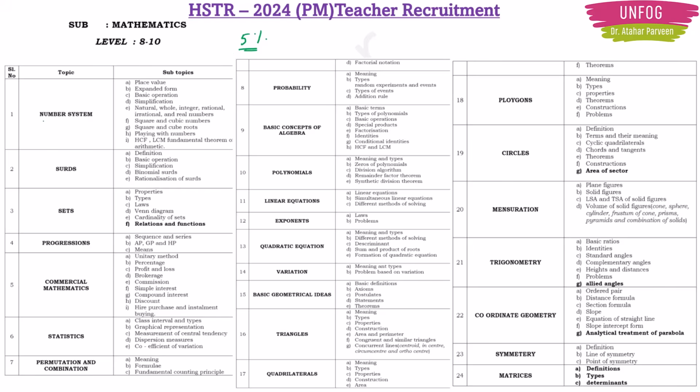So what is there in the syllabus for mathematics? Number system, surds, sets, progressions, commercial mathematics, statistics, permutation and combination, probability, basic concepts of algebra, polynomials, linear equations, exponents, quadratic equation, variation, basic geometrical ideas, triangles, quadrilaterals, polygons, circles, mensuration, trigonometry, coordinate geometry, symmetry and matrices.